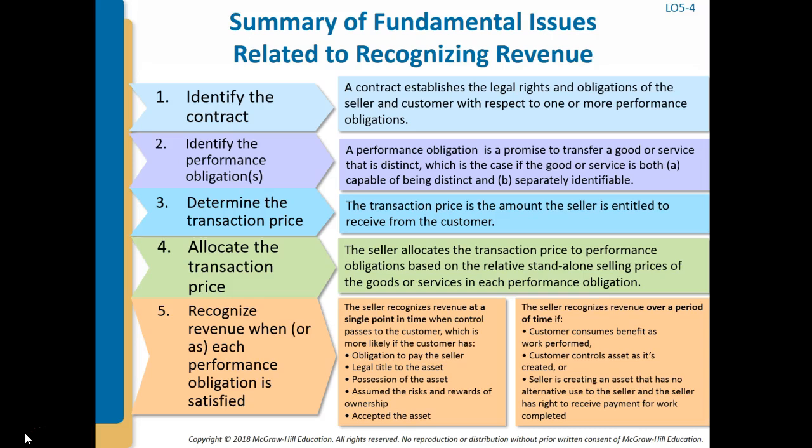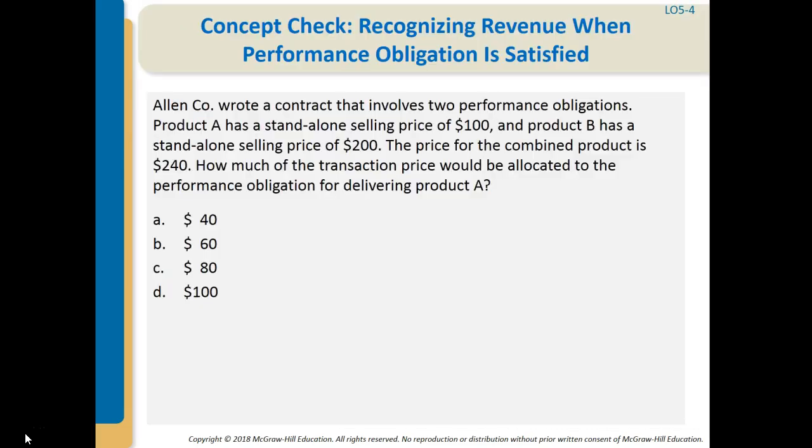Number 3, determining the amount the seller is entitled to receive from the customer as per the contract. Number 4, allocating the transaction price to the separate performance obligations, and then, number 5, recognizing revenue at a single point in time or over a period of time.